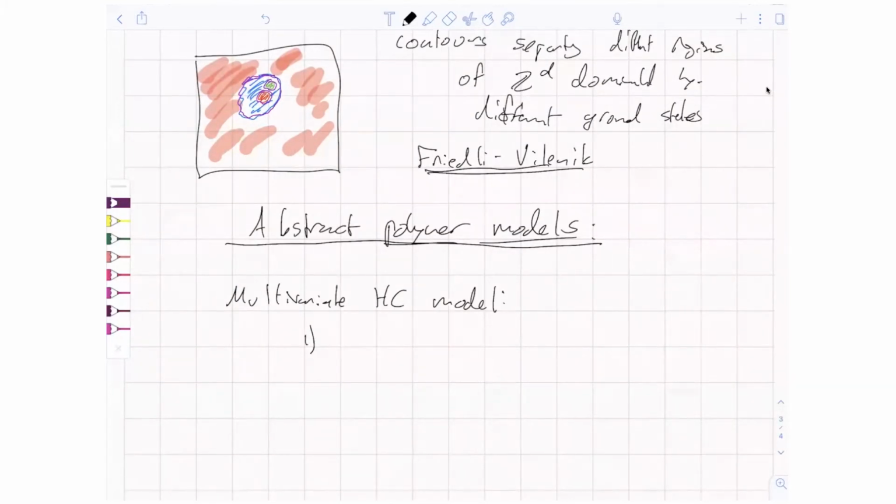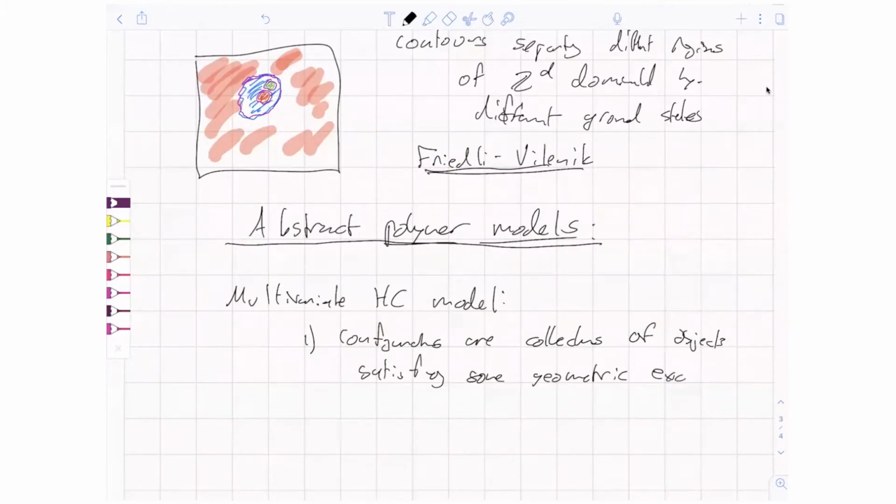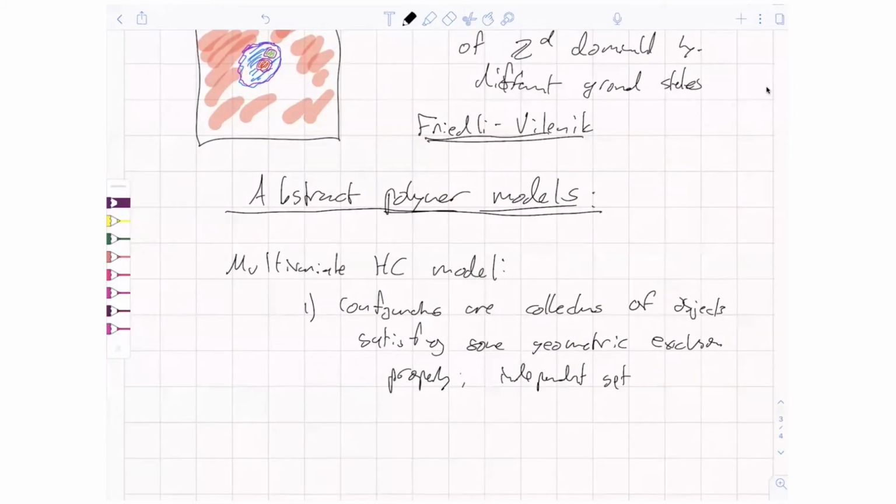One is that configurations are collections of objects satisfying some geometric exclusion property. In the case of the hardcore model, of course, these are independent sets. You're not allowed to be neighbors, but this is just some geometric exclusion property.